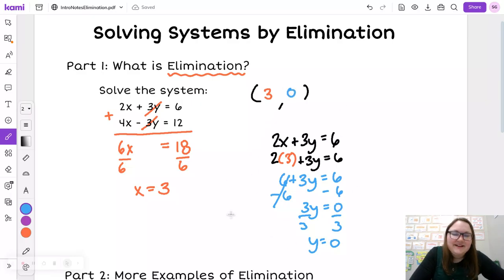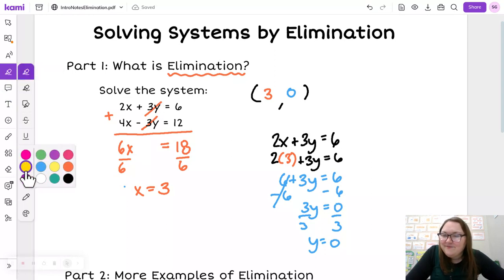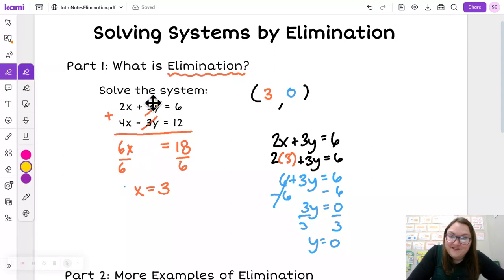This process right here, it's the same thing you did when we were solving by substitution. The new part is just this part here in orange where we're using elimination to eliminate one of your variables. I've got one other example here of what you might see when you're solving by elimination. Before we look at that example, I really want to emphasize the elimination part of this.